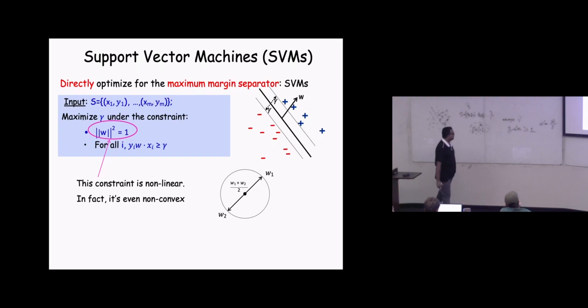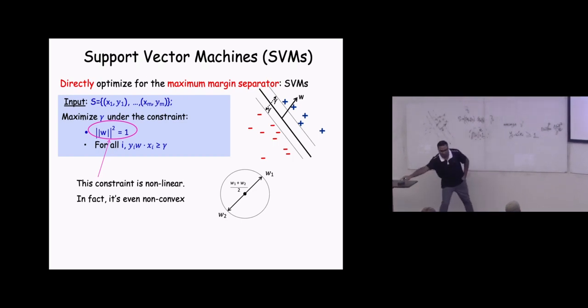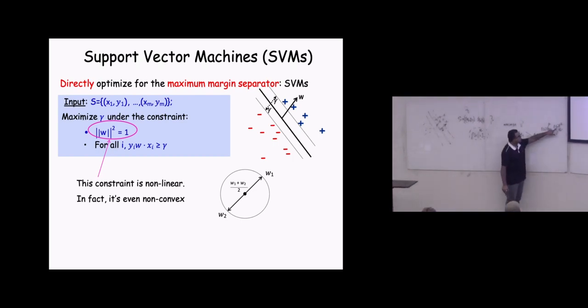Now let's do one more trick. If we take a square here, and a gamma square, what is the value of W square? That was our unit vector, that was 1.